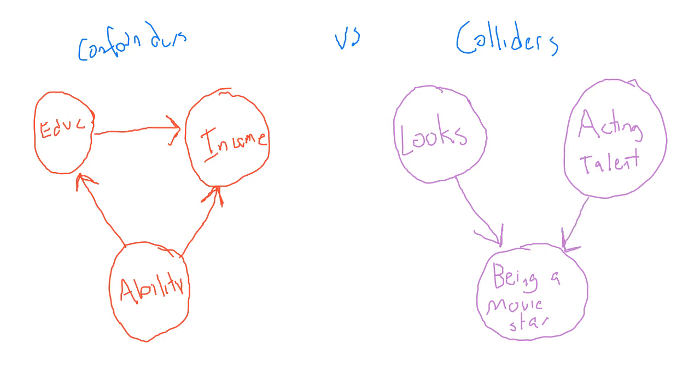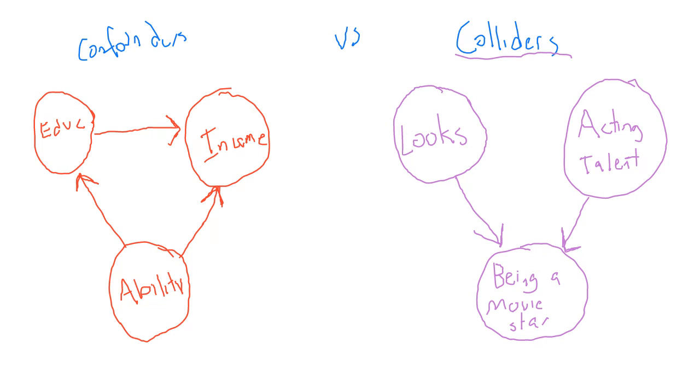You have to be a good actor in order to be a movie star. Okay, and so notice that here, we have two causal relationships radiating out from ability. Here we have two causal relationships running into each other on our being a movie star variable. So that's why it's called a collider, because we have these two relationships colliding with each other.